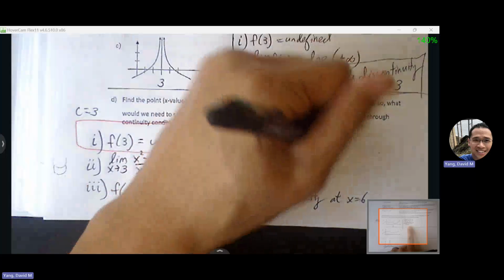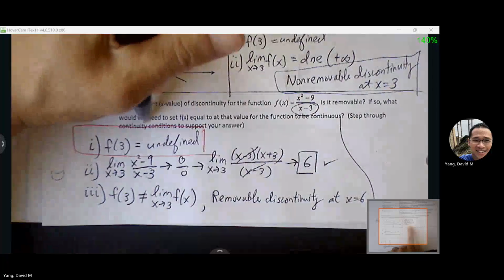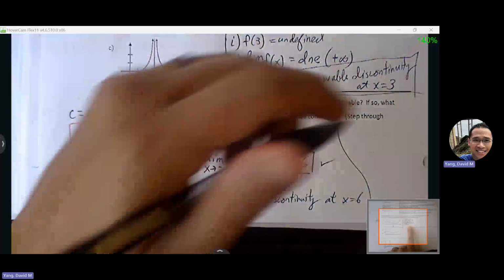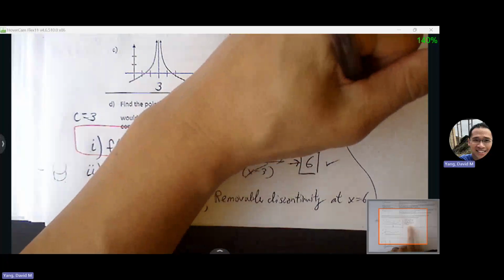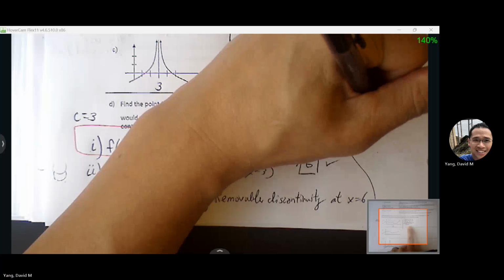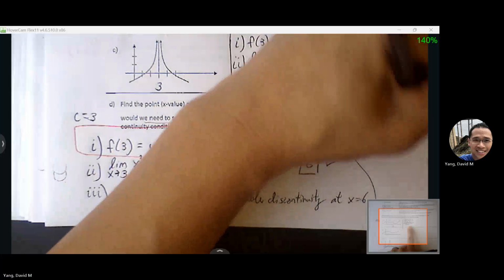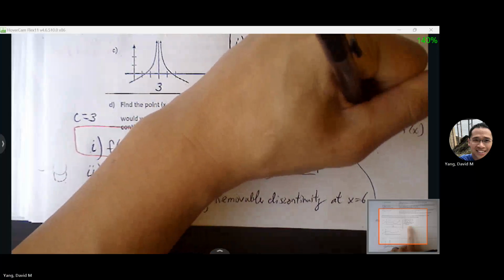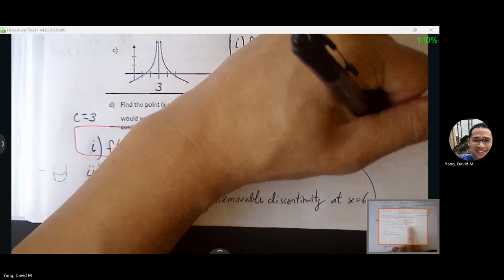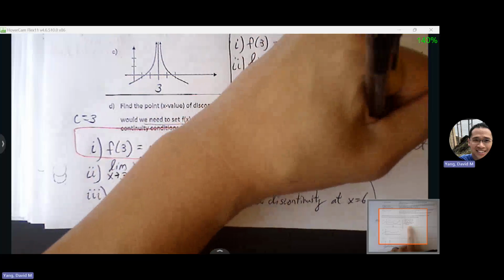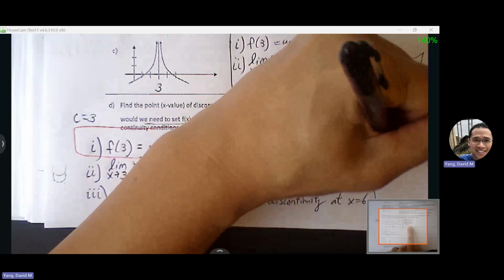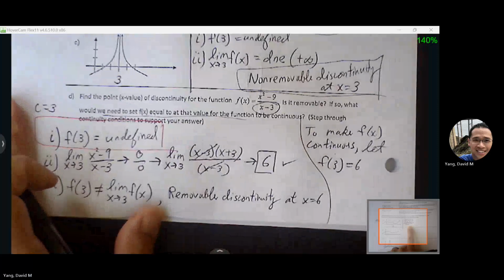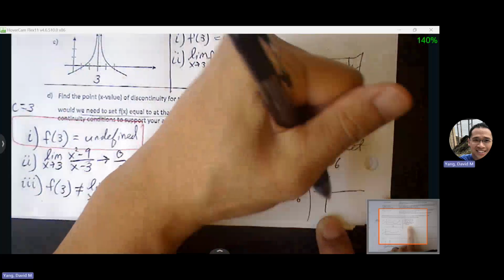If we want to make the function continuous, we can just fill that hole with the point. So we can say, to make f of x continuous, let f of 3 equal 6.